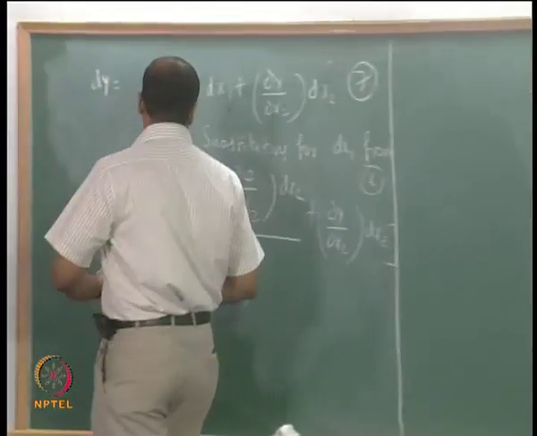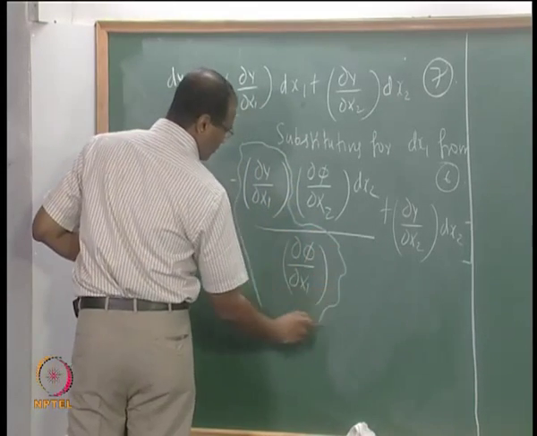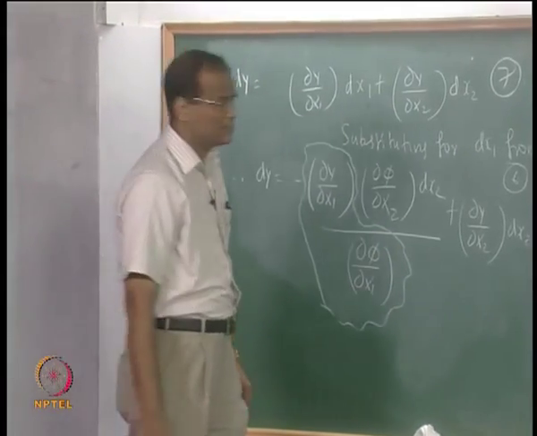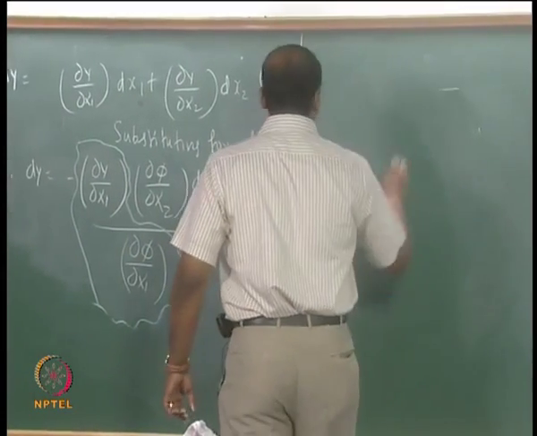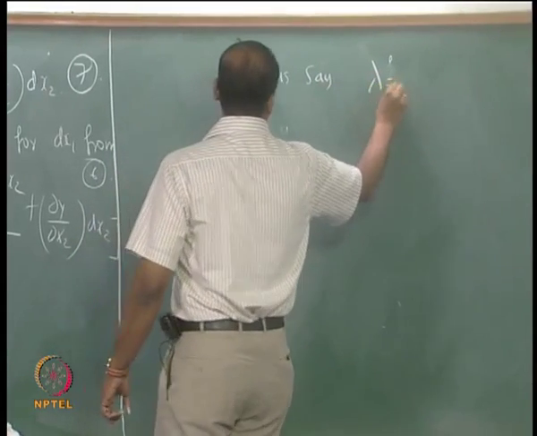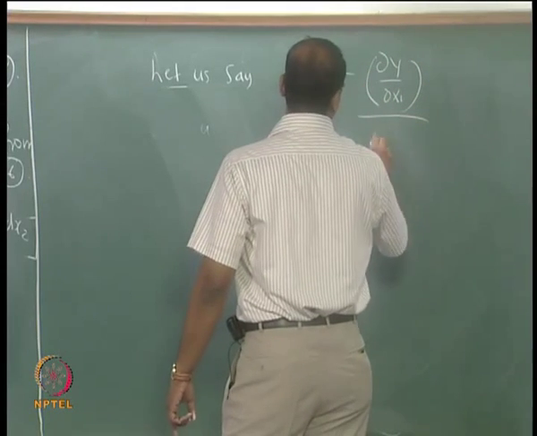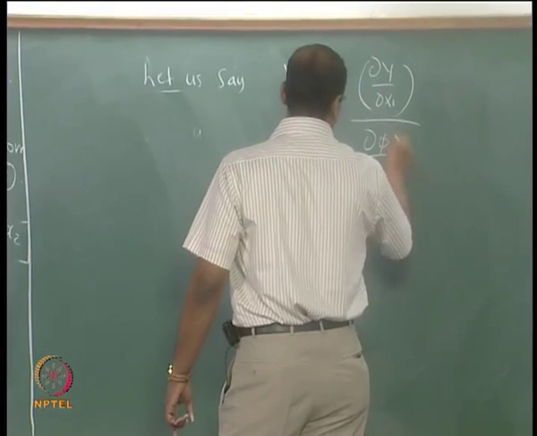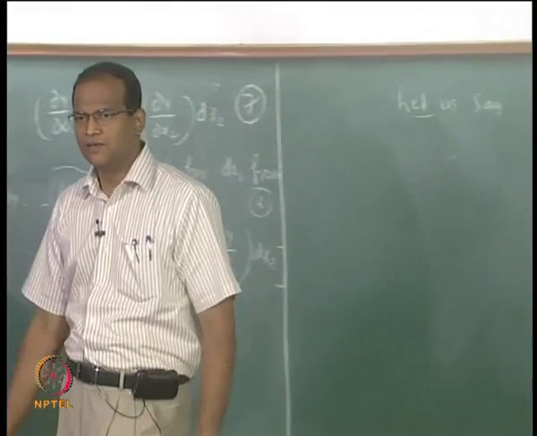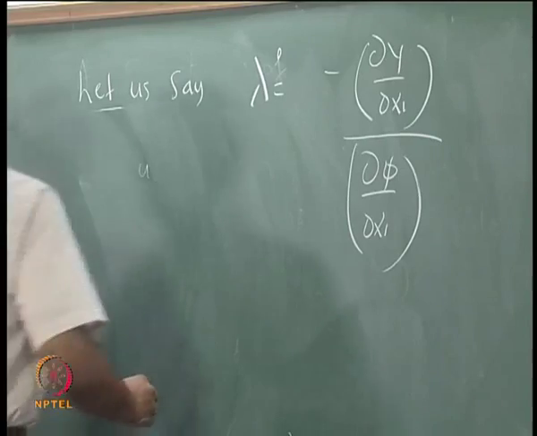Now I look at this and say, let us say lambda equal to minus. I am not violating anything, I can define this. India is a free country, so you can define whatever you want. So let us define lambda equal to this; now substituting for lambda, so this should be equation 8.